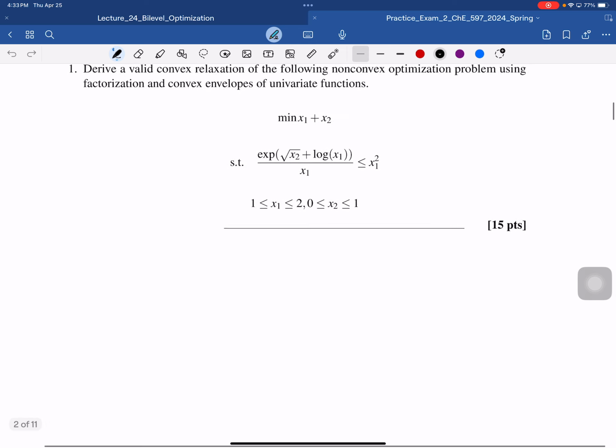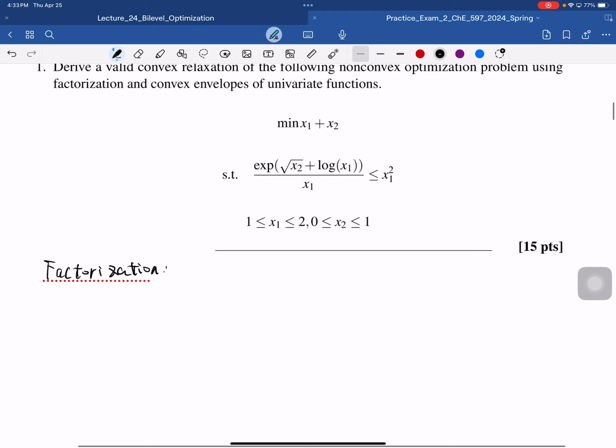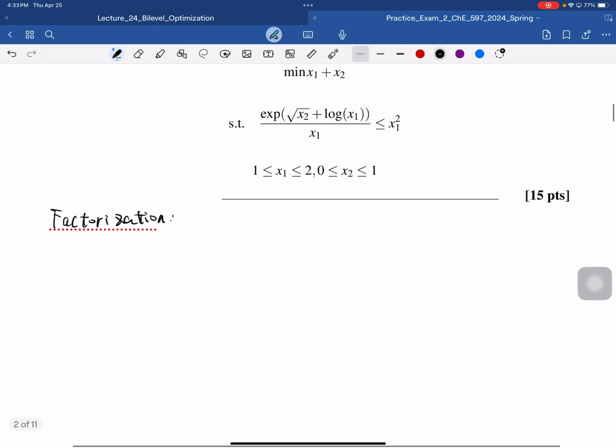So first, let's do the refactorization, or just call it factorization. Okay. So here, as you can see, there is a fractional term.